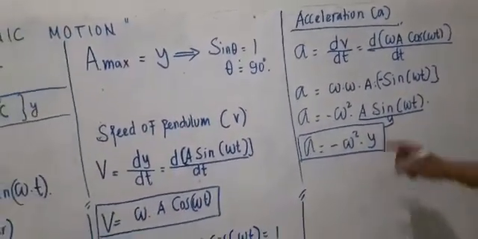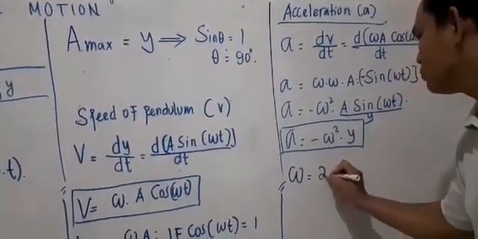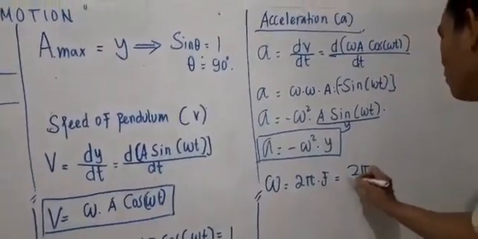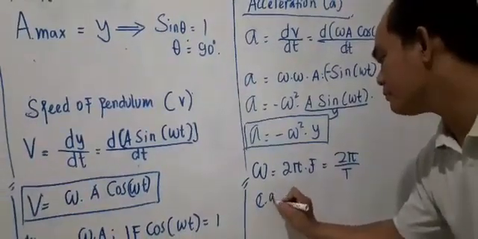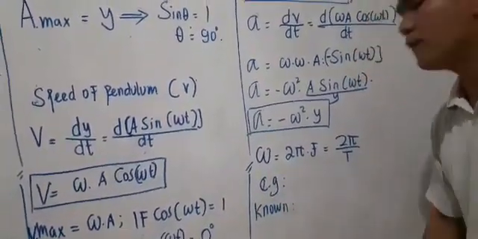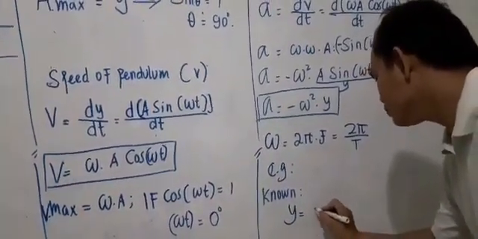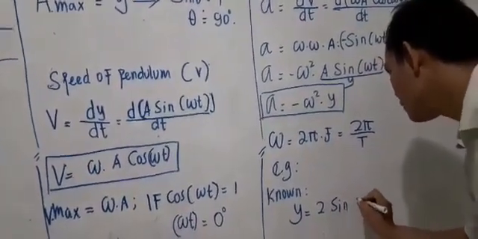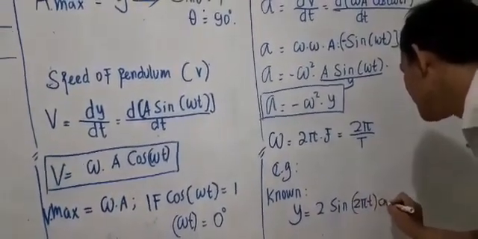Omega itself is equal to 2 pi f, or also 2 pi over T. So for example, it is known that the equation of the wave is y = 2 sin 2 pi t in centimeters.